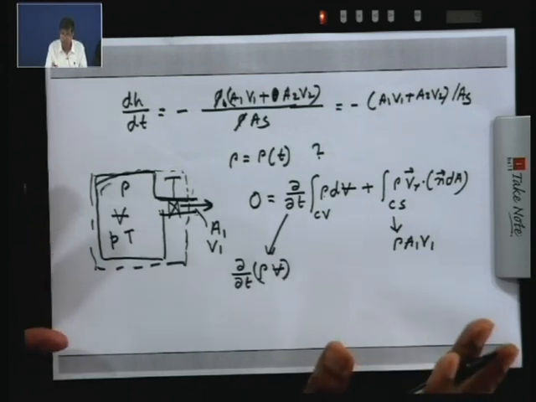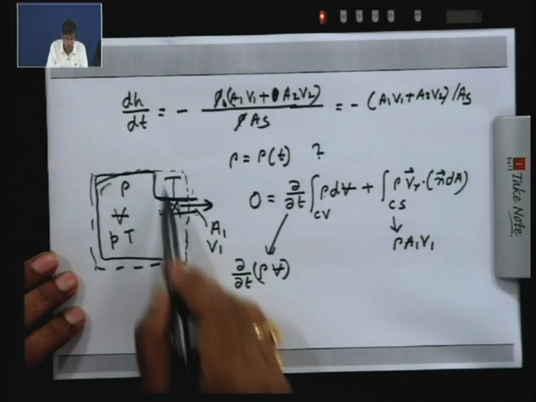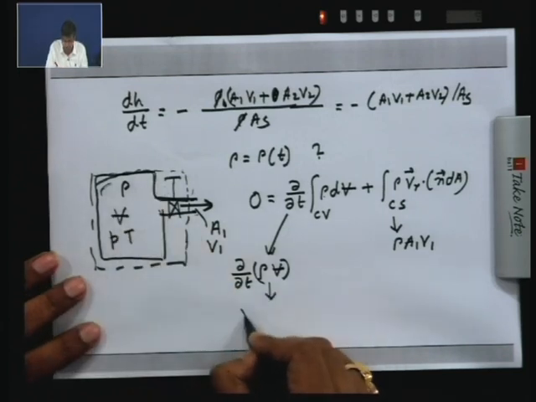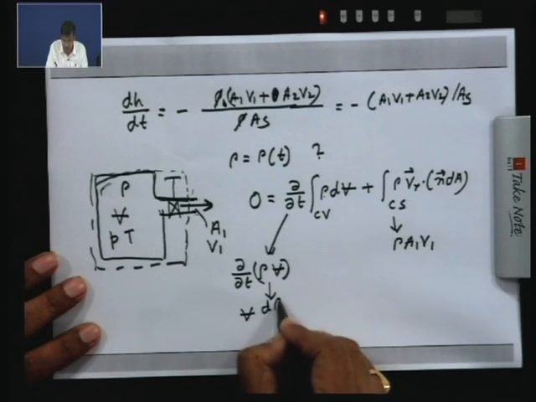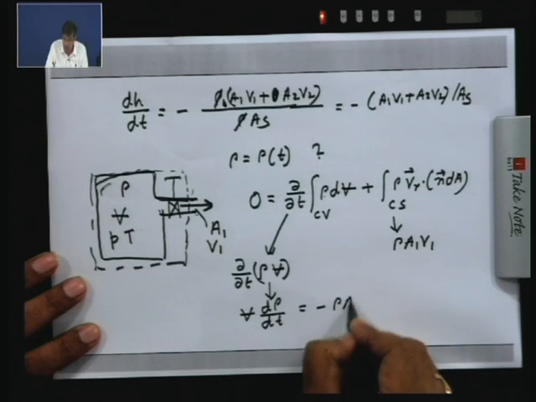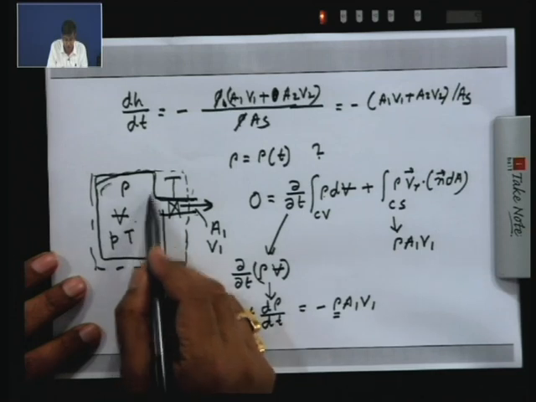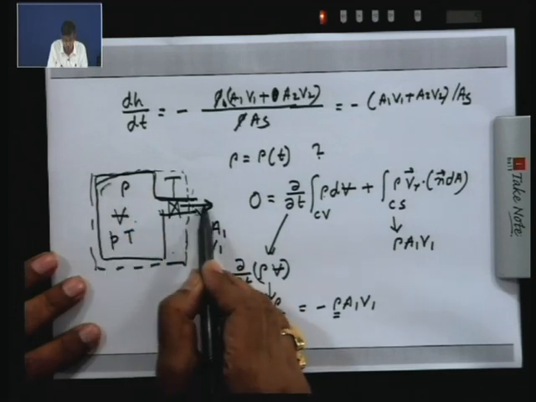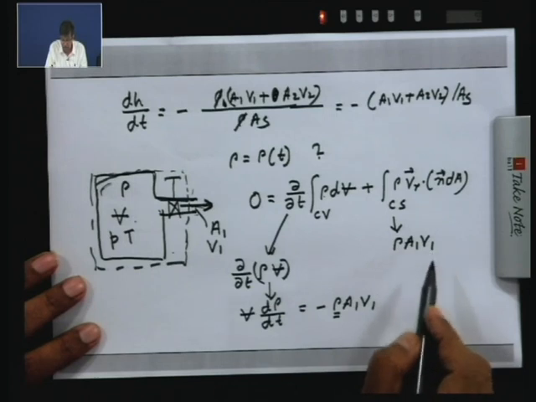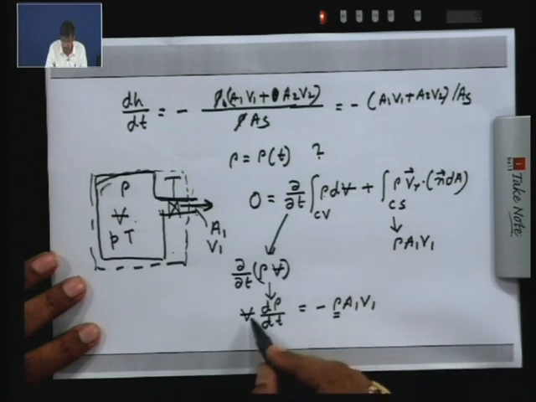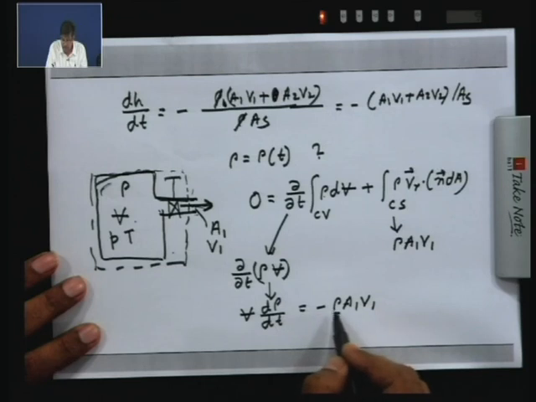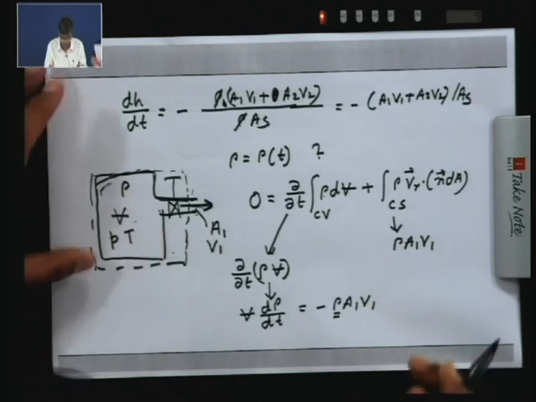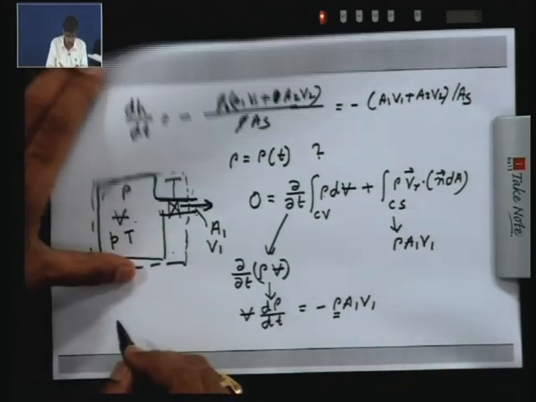If the volume of the tank remains constant, then we can write d rho dt is equal to minus rho A1 V1, where rho is the instantaneous rho as a function of time, which is the rho in the control volume and also the rho with which the air is flowing out. Therefore it is simply V d rho dt equals minus rho A1 V1. Okay, so this is over.